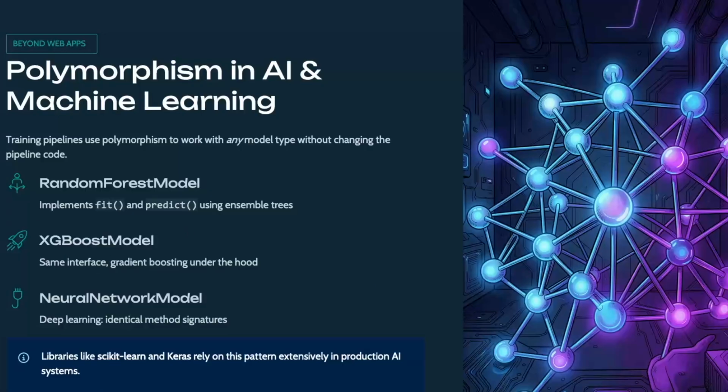The training pipeline does not need to know which model it's working with. It simply calls model.fit or model.predict, and each model performs its own implementation. This is exactly how production AI systems and machine learning libraries are designed. Polymorphism is not just a classroom concept. It is used every day in real software systems.